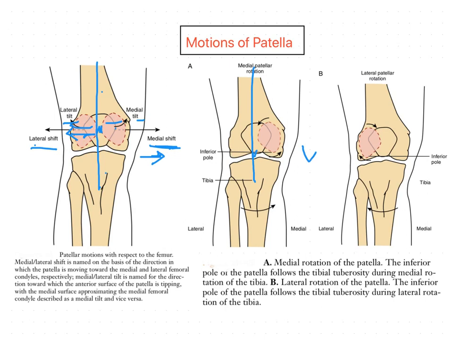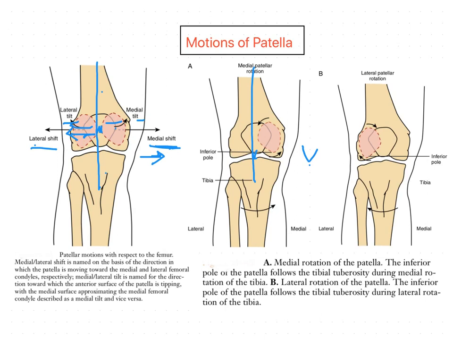So normally the apex is pointing inferiorly, isn't it? Yes. The apex of the patella points towards the medial femoral condyle, and the base of the patella moves closer to the lateral femoral condyle, as the femur undergoes axial rotation on the tibia.